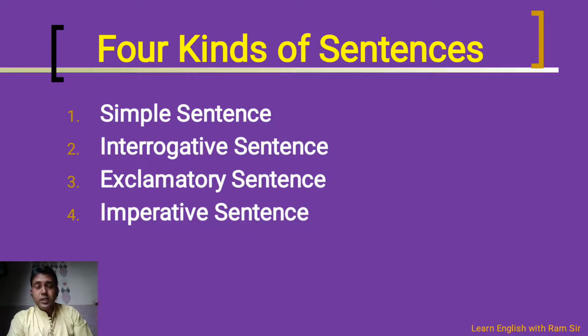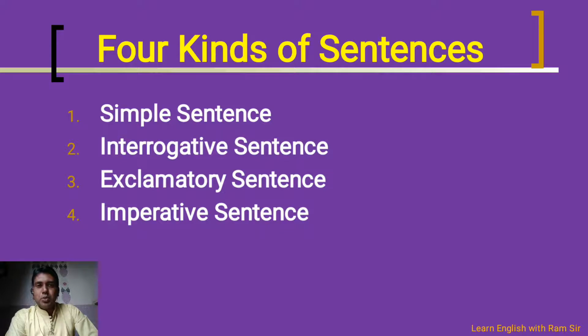The second one is interrogative. Whenever we are asking questions to someone, it is called an interrogative sentence. The third one is exclamatory. In exclamatory sentences, we always convey our emotions. Maybe anger is there, maybe so many emotions we have, right?